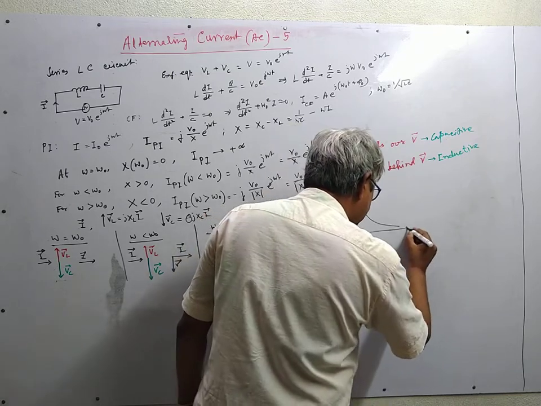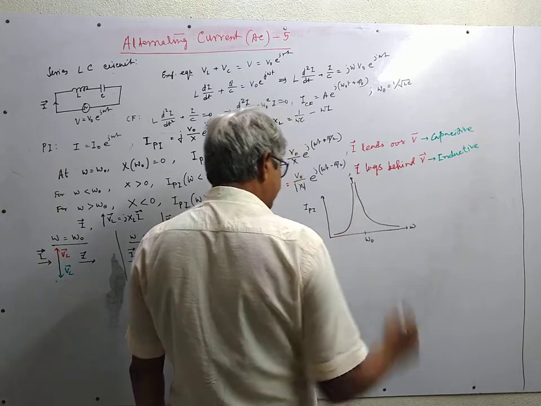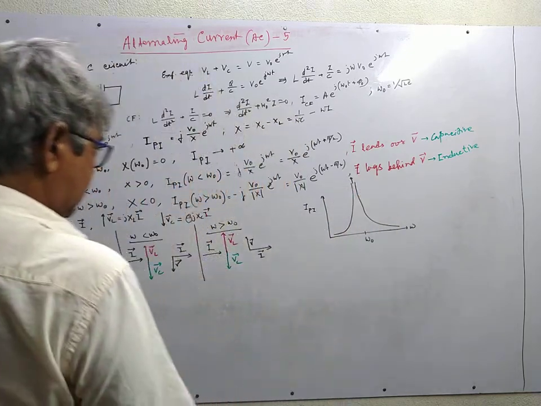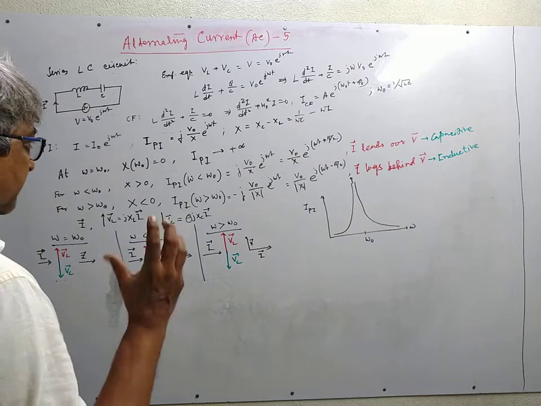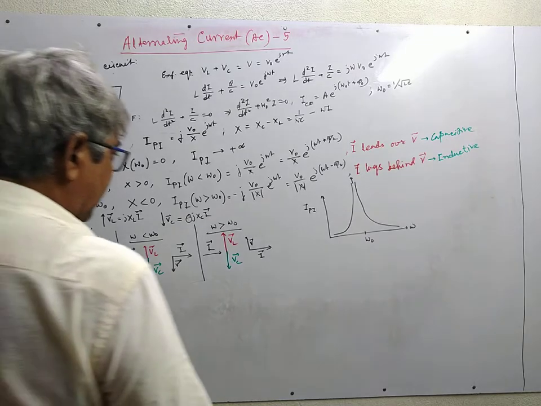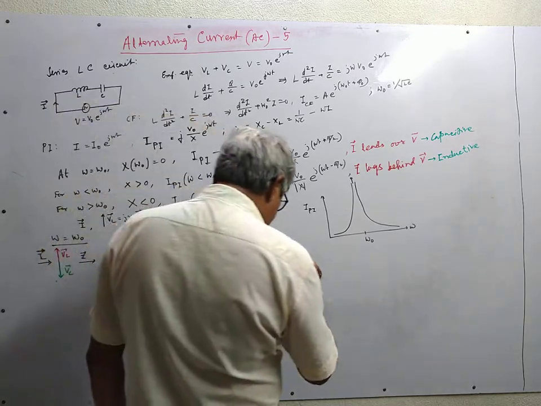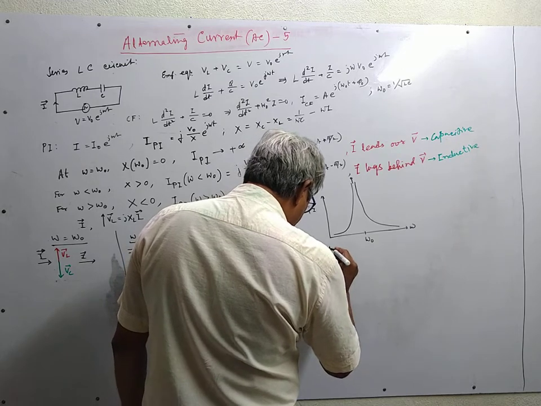This is the omega axis, and this goes to infinity. Say we know that omega 0 is known.